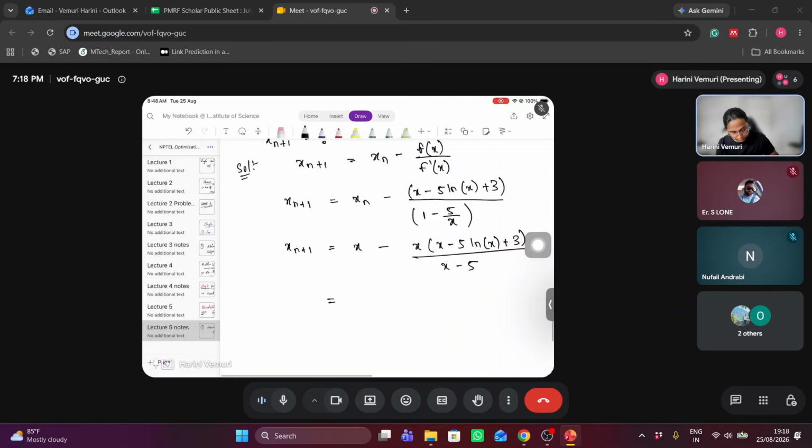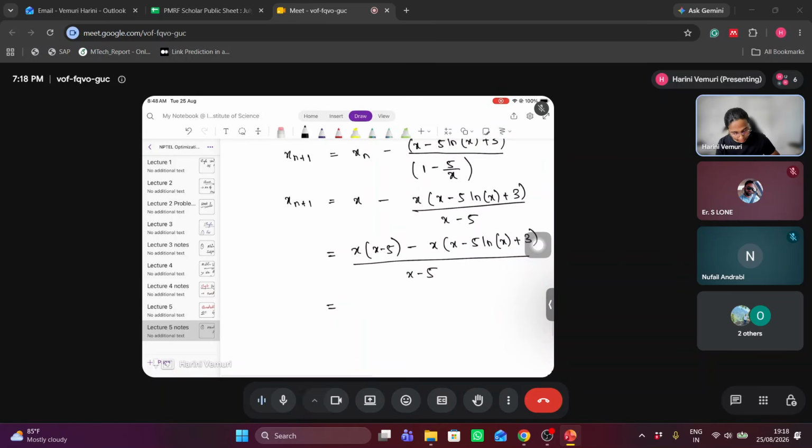So it is equal to x into (x minus 5) minus x into (x minus 5 ln x plus 3). So when we solve this, x squared minus 5x minus x squared plus 5x ln x minus 3x, over x minus 5.